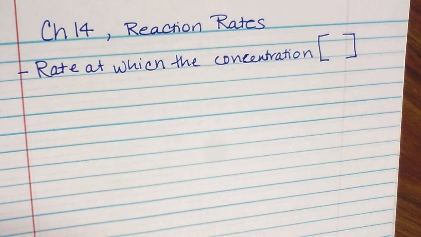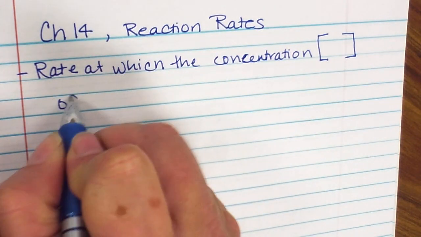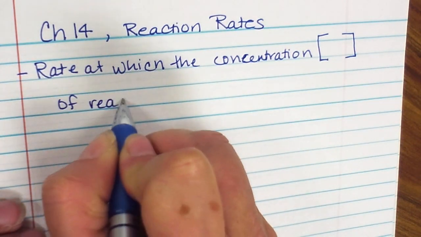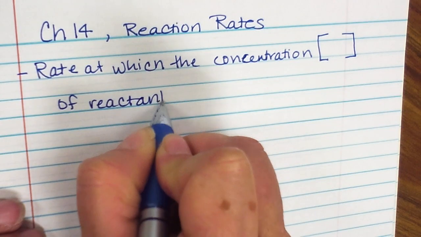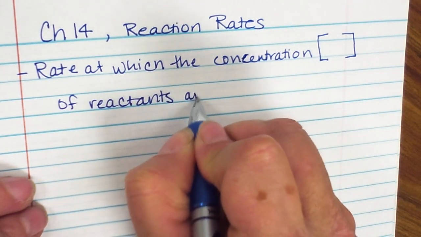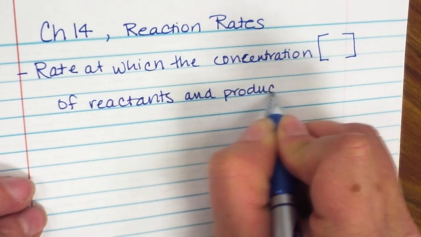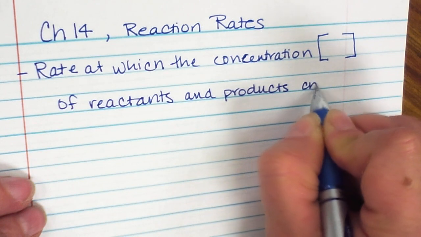No? Okay. So concentration of any substance is represented by square brackets, of reactants and products, changes over time.